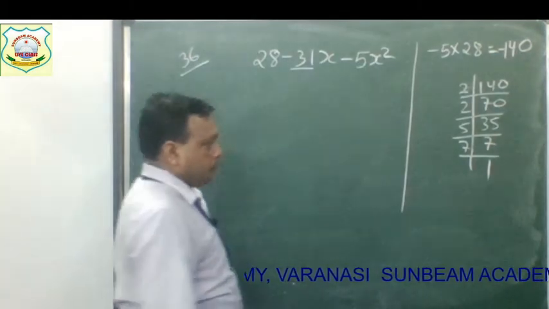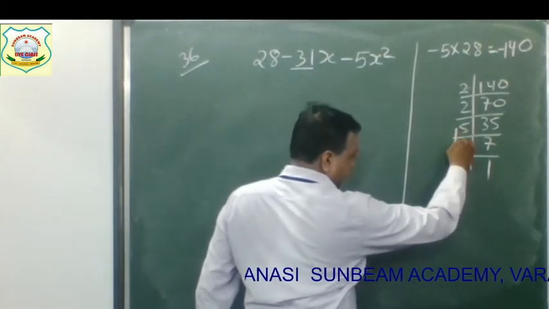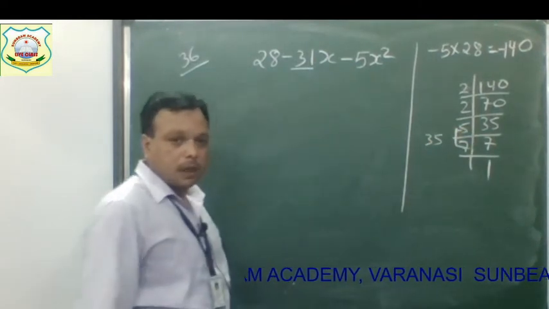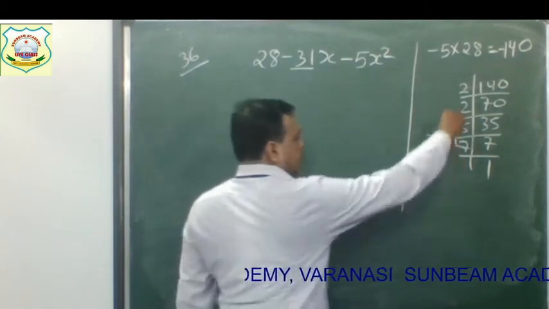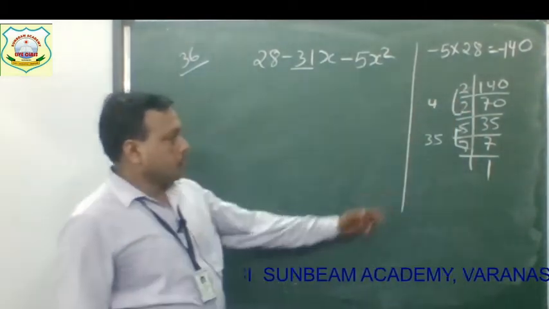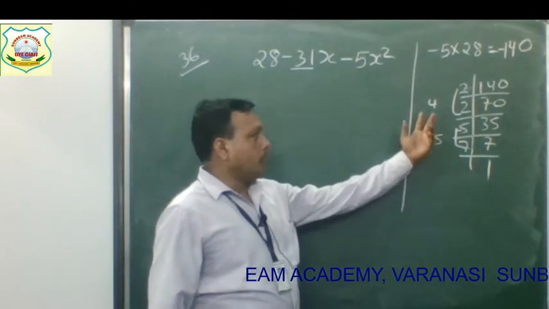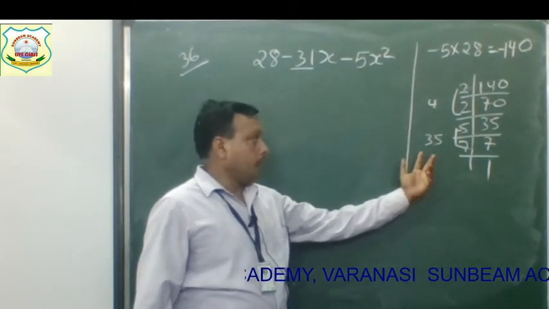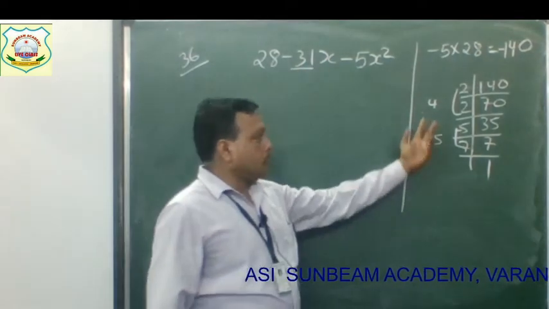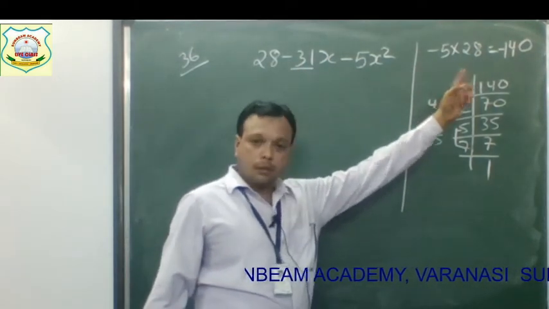If we do 7 into 5, what will come? 35. 5 into 7, 35, and 2 2 is 4. So what have we got? 35 minus 4 is 31, and 35 into 4 is minus 140.